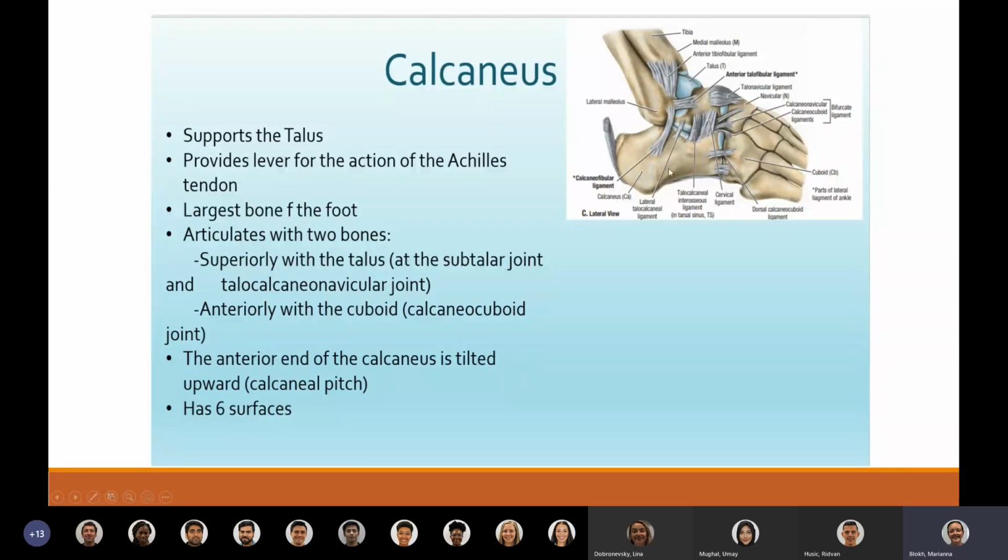The calcaneus is tilted upward. There's something called calcaneal pitch. What's important about calcaneal pitch is that I believe if you look at Dr. Dickey's handout, she might have mentioned the degrees. There's various numbers. Follow the osteology guideline and the joint packet guideline for numbers, because different sources will give you different ranges of normal values of, let's say, calcaneal inclination or other angles.